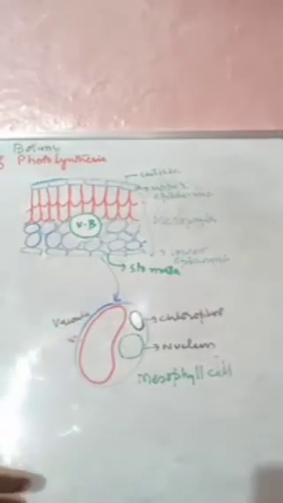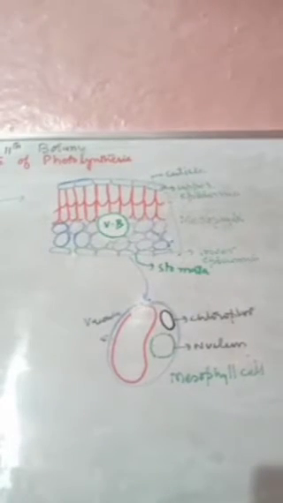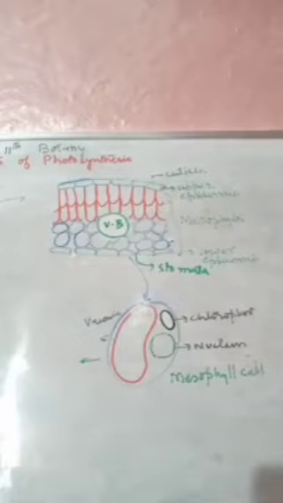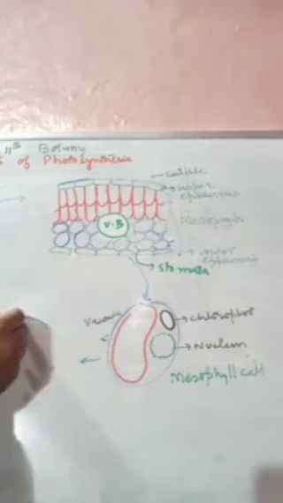Now, if we proceed further, let us draw the structure of the chloroplast, which is the site of photosynthesis. A typical chloroplast is an oval shaped structure.